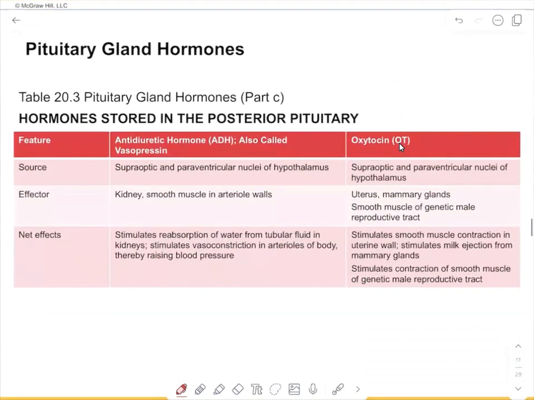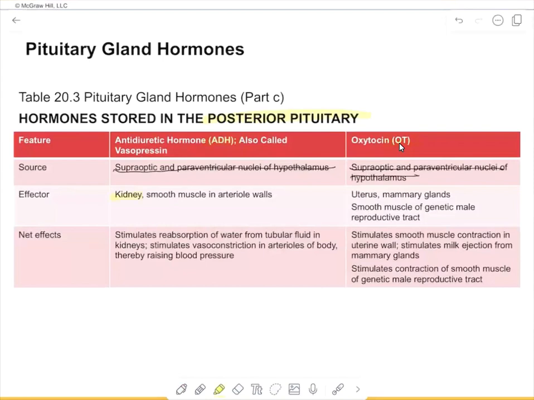Other hormones from the pituitary gland, in this case, stored in the posterior pituitary gland, are going to be antidiuretic hormone as well as oxytocin. Again, the nuclei are not important, so we're going to cross this row out. But the target cells, the effectors, are important.